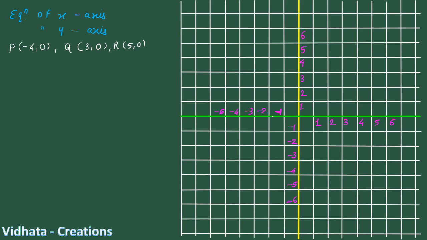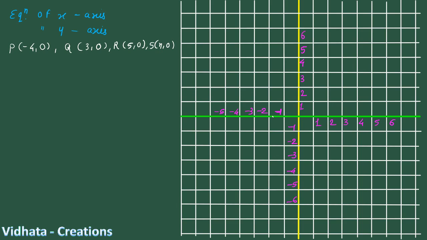Again we will take one point S, whose coordinates are (n, 0). What is meant by n? I can take any number in the form of n. Let us try to draw these points on the coordinate system.